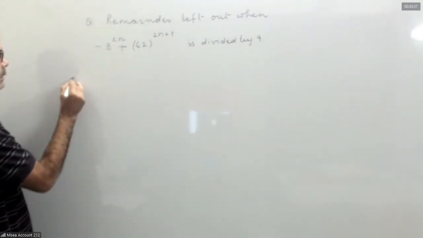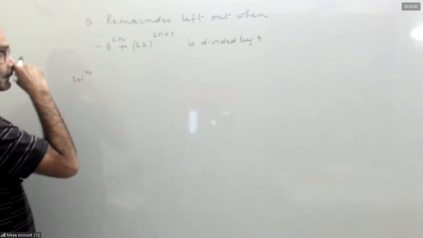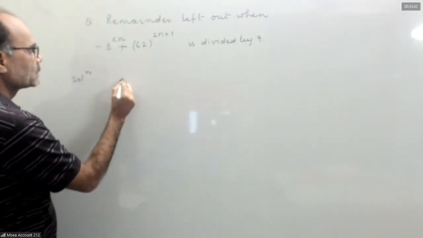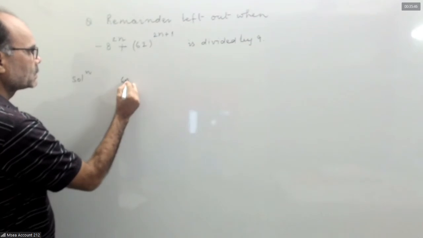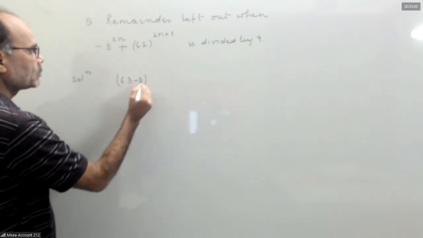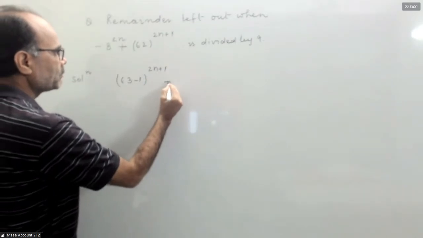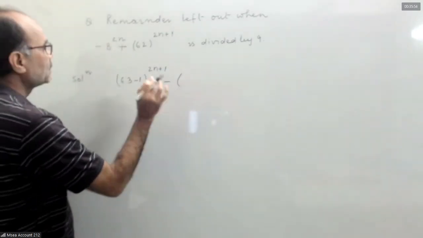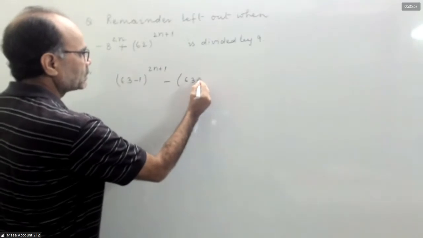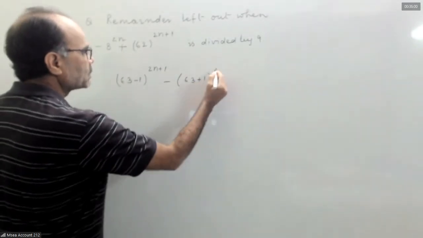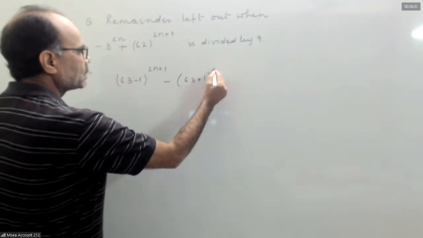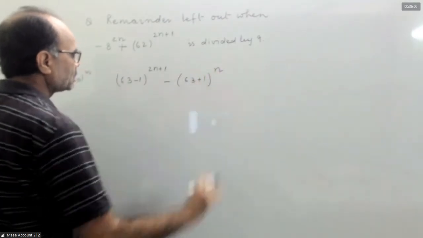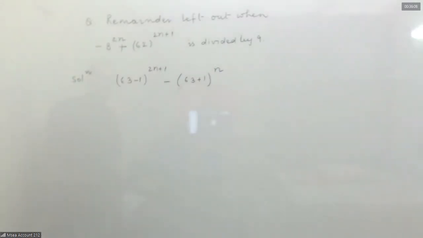Just let me do it this way. This is 63 minus 1 to the power 2n plus 1 minus, yes, 8 square, 63 plus 1 to the power n. So 1 plus 63, and the power 63 will be added, minus 1.